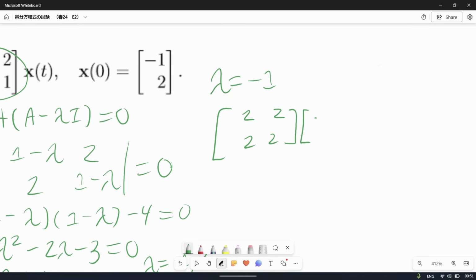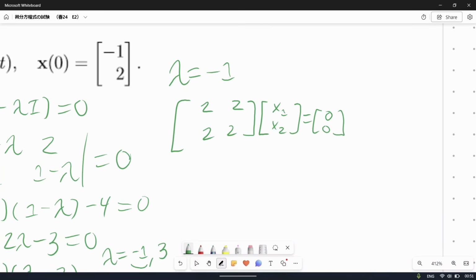Then you multiply this by x sub 1 and x sub 2 and set that equal to 0 and 0. When you do some matrix multiplication, you end up with an equation that looks like 2x sub 1 plus 2x sub 2 is equal to 0. And from here, we just have to pick two numbers for x sub 1 and x sub 2 that satisfy this equation that aren't 0 and 0, and we'll have our eigenvector.